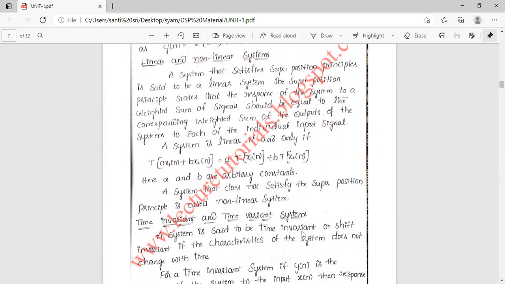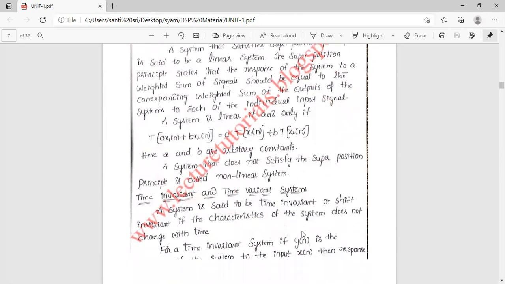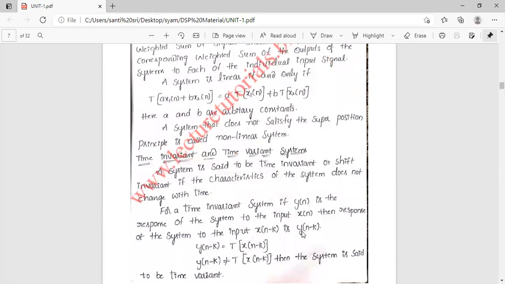Next, time invariant and time variant systems. Time invariant means it doesn't depend upon the time. For a time invariant system, if y of n is the response of the system to the input x of n, then the response of the system to the input x of n minus k is also y of n minus k. If it completely depends upon the time, then that is called a time variant system.